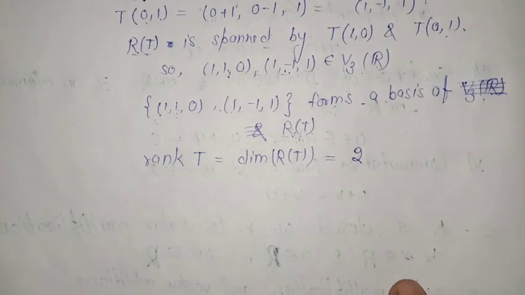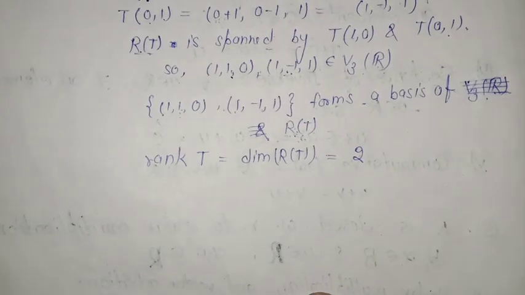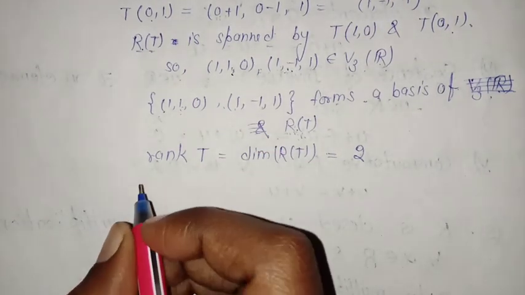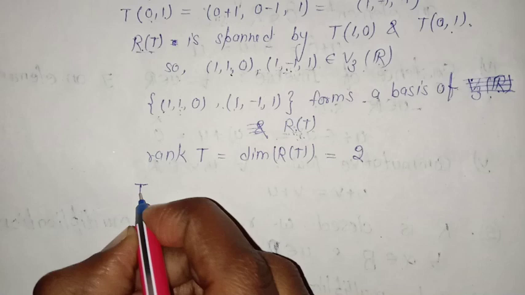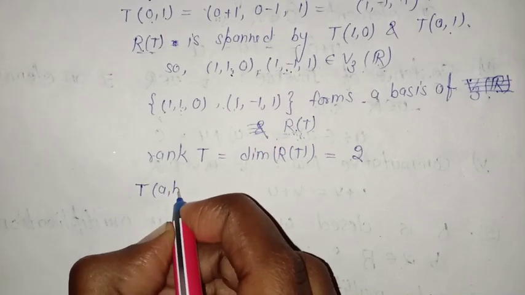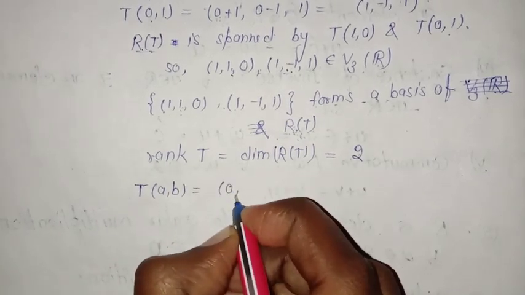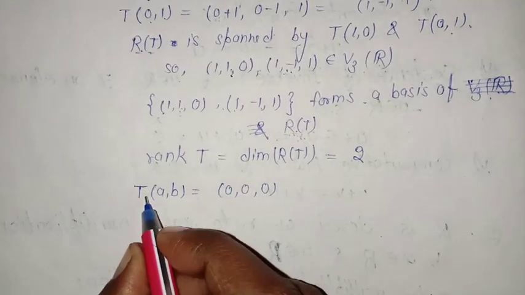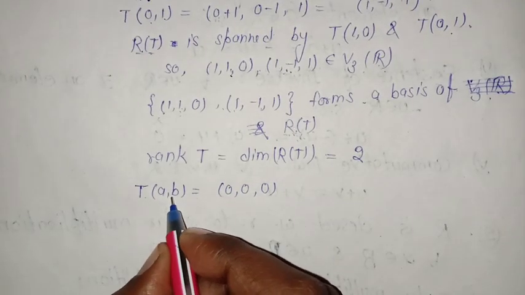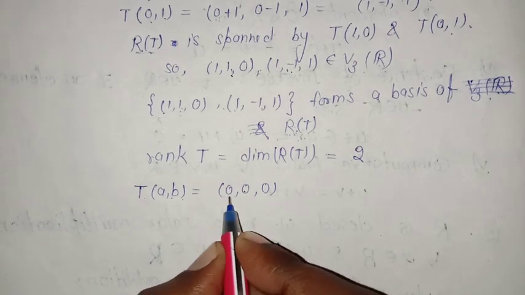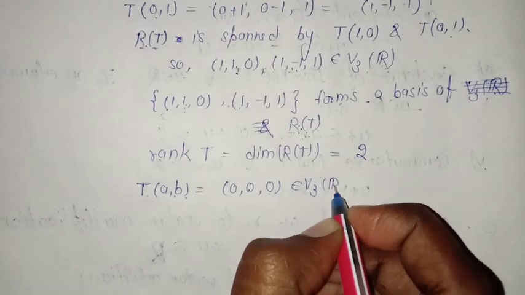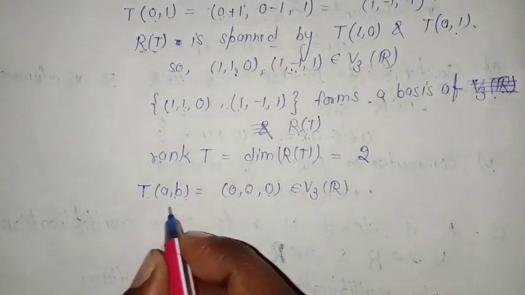Now if you want to find the nullity, that is the null space of T, just equate the given transformation to the 0 vector, that is T(A, B) equal to (0, 0, 0). Why am I taking this triad 0 vector? Because we have defined the transformation from V2 over R to V3 over R. So the 0 vector that belongs to the second space V3 over R must be in the form of a triad. That's why I am writing it like this.